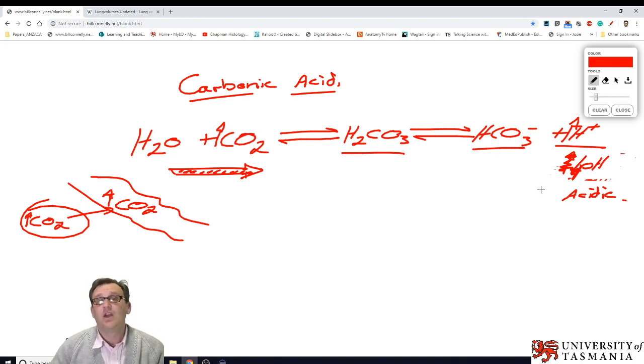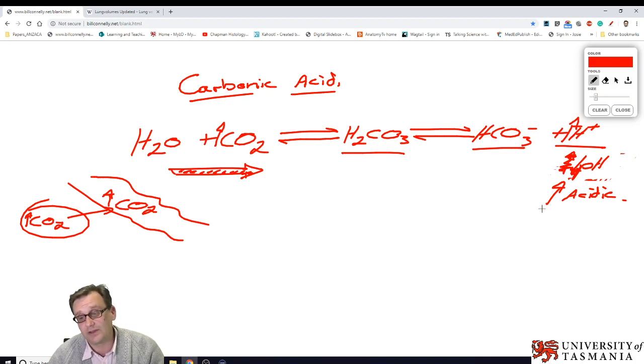So effectively, whenever we're respiring and producing carbon dioxide, we're making the local concentration of hydrogen ions in the blood a little bit higher, the pH is decreasing, and everything's becoming a little bit more acidic.